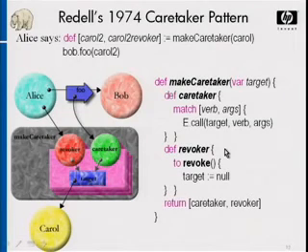There's a similar pattern called the membrane, which in the same language, in E, takes only 24 lines of code. It's too big to fit on a slide, but what it does is, as each reference comes in as an argument or comes back as a result, it gets rewrapped essentially in another caretaker, and then the revoke action revokes all of the transitively wrapped references that have gone back and forth over that membrane at the same time.